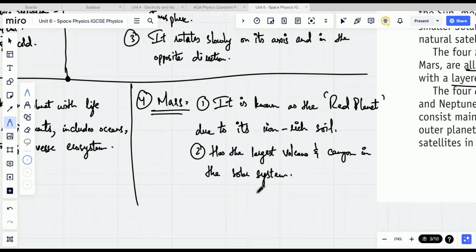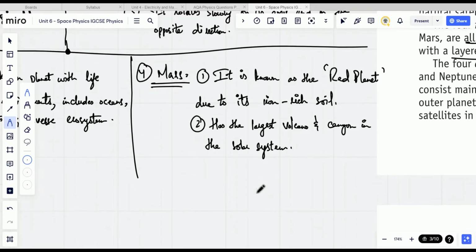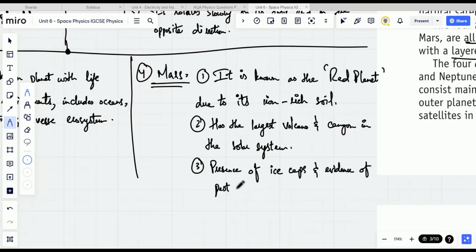What else? Do you know that there used to be water on Mars? I read something like that, I think. There is presence of ice caps, and we also have evidence of past water flows.